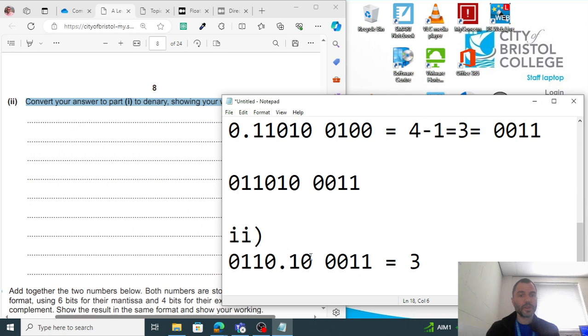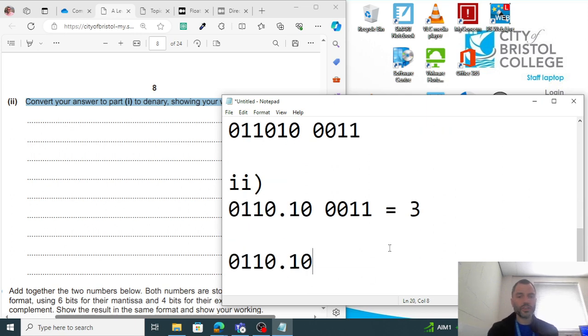So that is our number. And what is that number in decimal? Yeah, 6. And then after the point in binary, you divide the number by a half. So half of 1 is a half, then a quarter, an eighth, and so on. But this is just a half, so we've got 6.5, right?